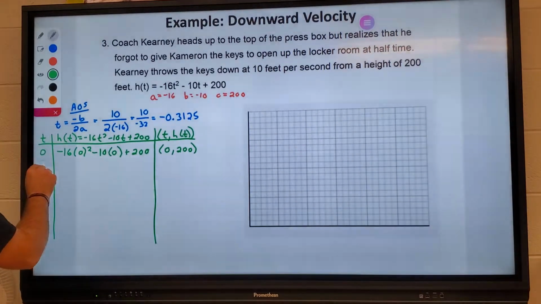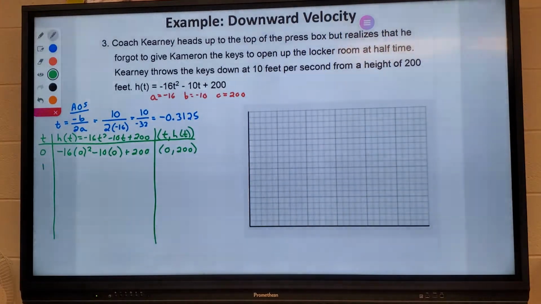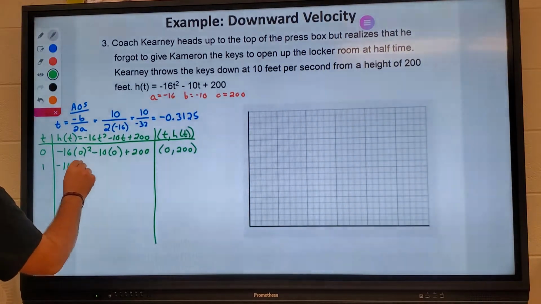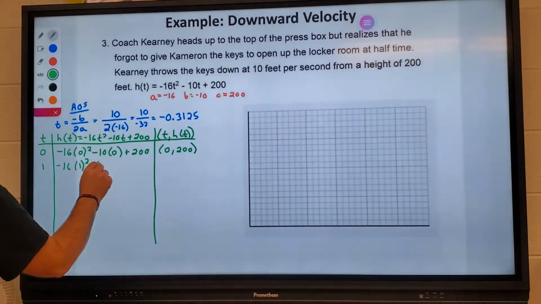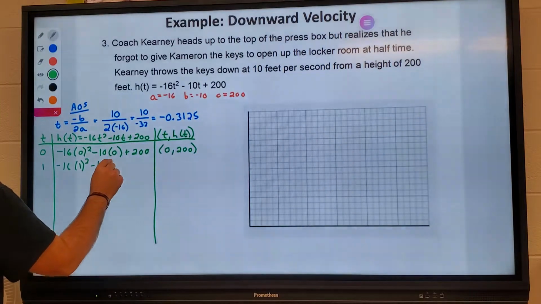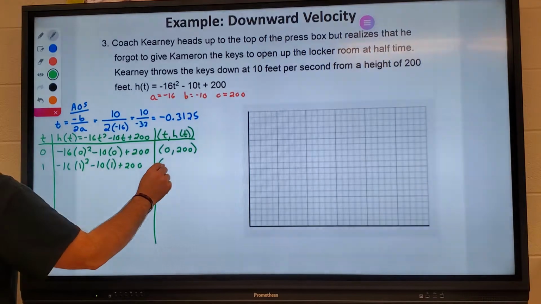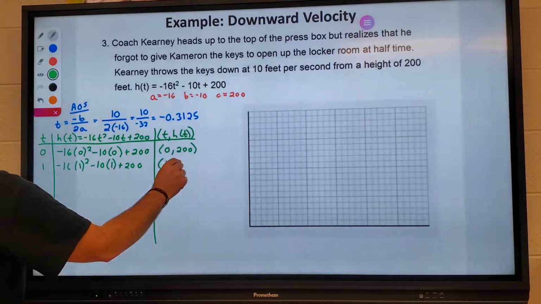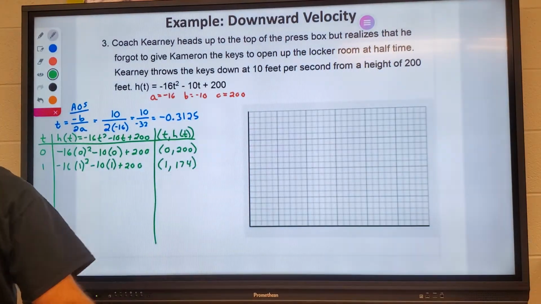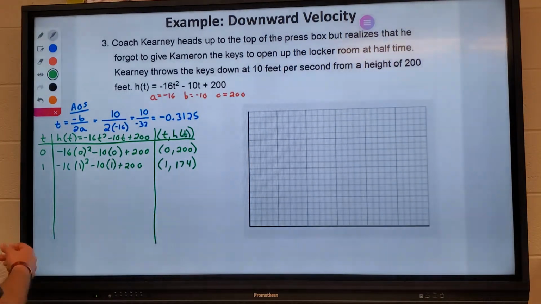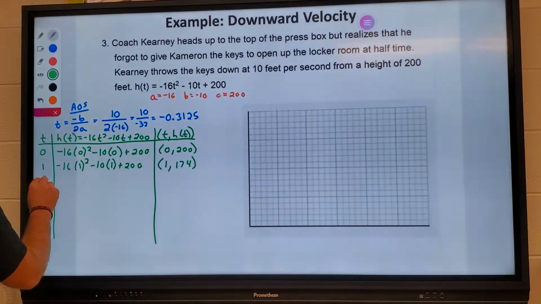We then go to 1. We plug in 1, we get negative 16 times 1 squared minus 10 times 1 plus 200, which gives me a value of 1 comma 174. Okay, so in just 1 second, it's dropped 26 feet. We then continue. I have 2.